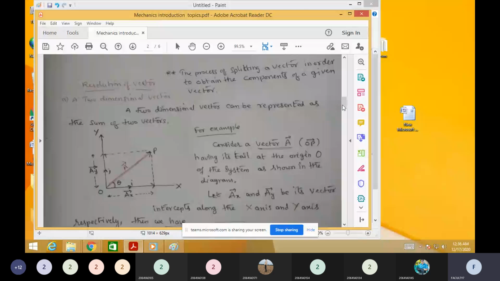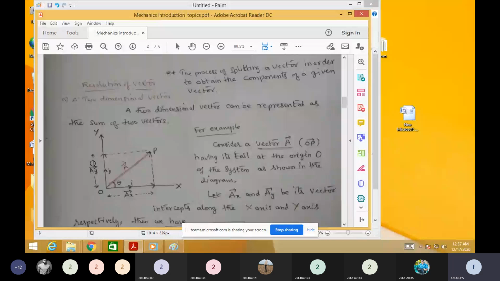If you project point p onto the x-axis, the intercept is the x component of the vector a. Similarly, if you project point p onto the y-axis, the intercept is the component along y.